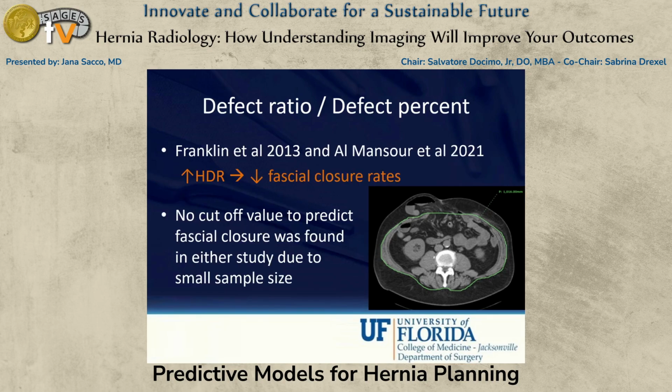We have 2 different groups that showed this, and they showed that as the HDR increases, your fascial closure rates decrease. There's no cutoff in these papers, so we can't really use a number to predict that because there just weren't enough patients. But you could imagine, as you get to the drastic ends, that this may be helpful as you look at it.